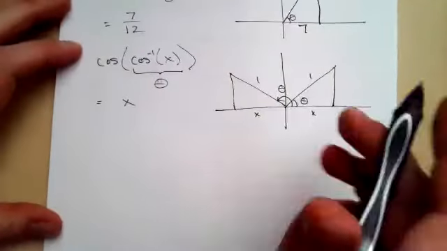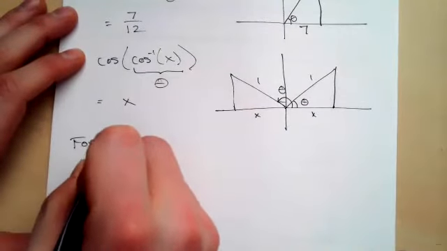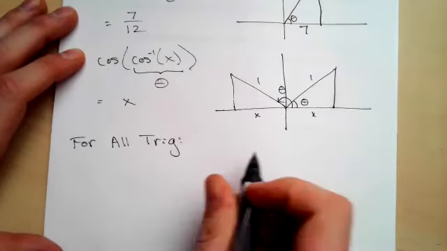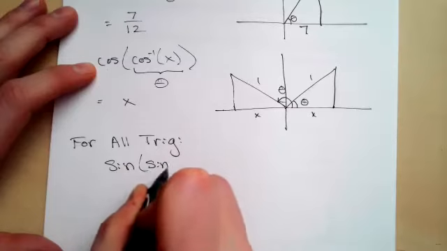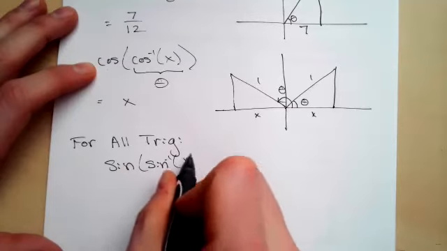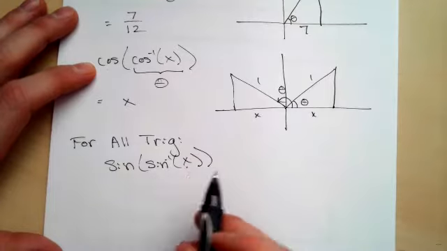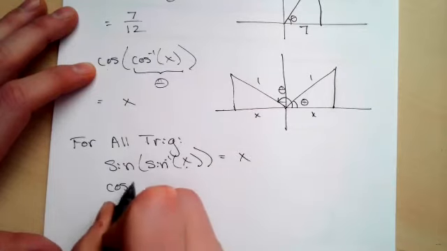And this is going to be true for all trig functions. So sine of arcsine of anything, whatever we want to put in there, as long as that's in the domain. So mind that, as long as x is between -1 and 1, we are going to get back the same thing.